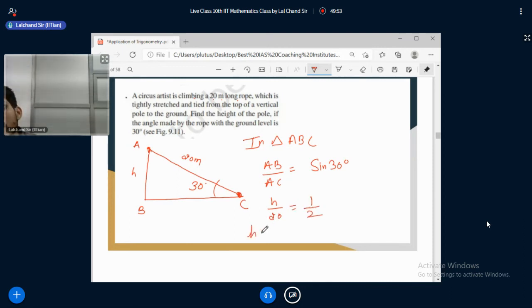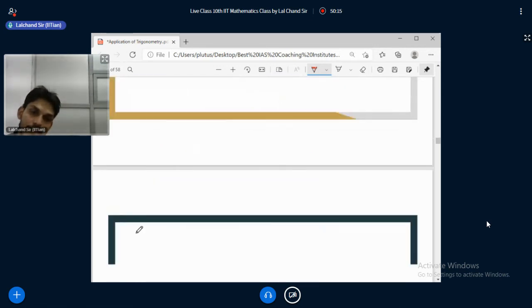We can say h equal to 20 by 2. So that is 10 meter, isn't it? The value of h is 10 meter. Are you getting this? The value of h is 10 meter. Yeah, 10 meter. Fine.